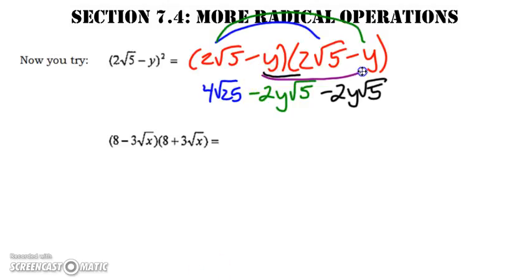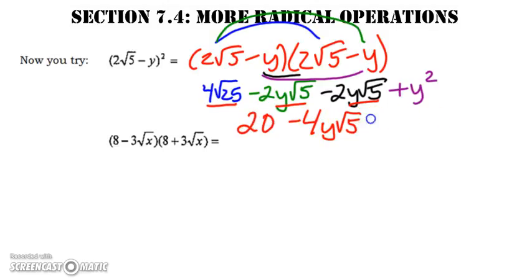And then our last one, we have a negative y and a negative y, so we have positive y squared. Remembering we can only combine if they are the same here, so we have a y root 5 and another y root 5. They are negative 2 and negative 2, so that will combine to a negative 4y root 5. Here the 4 times root 25, that's really just 5, so 4 times 5 is 20. And then we have our y squared.